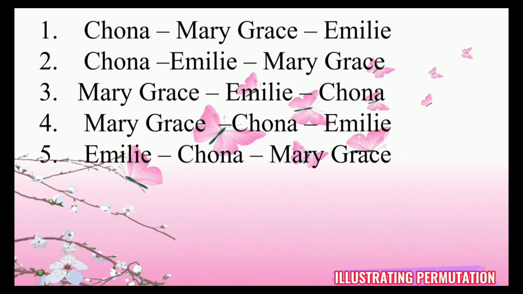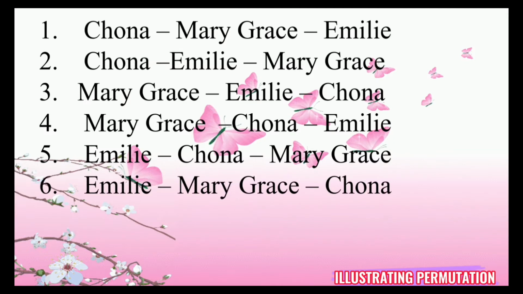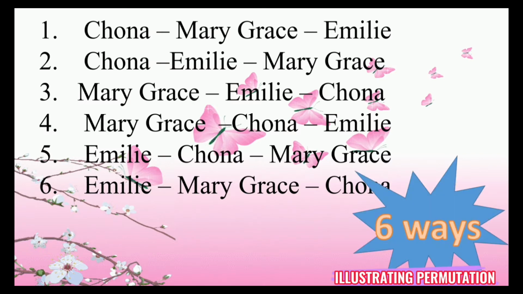Emily can occupy the first chair, then second is Chona, the third is Mary Grace. And Emily, followed by Mary Grace and Chona. How many possible ways can they be seated in a row? Yes, there are 6 ways they can be seated in a row.